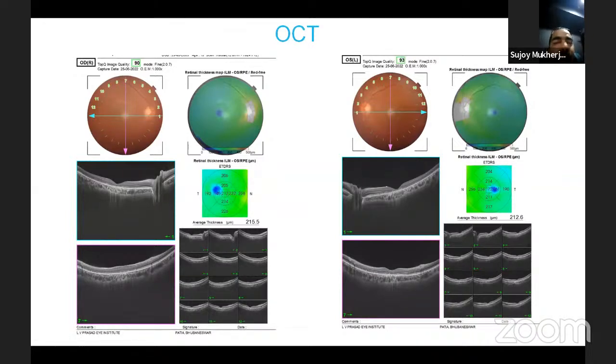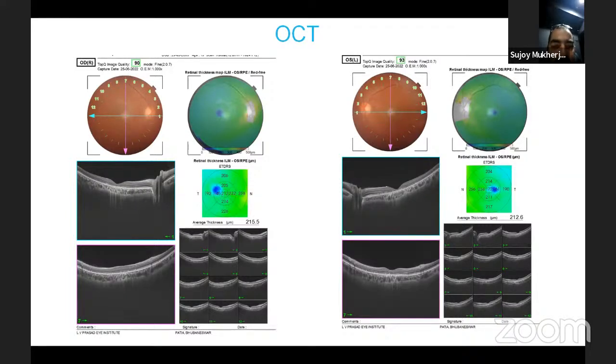But if we compare that thickness with our baseline age-matched normal data, this is a bit down. It should be around 200 to 240 micron in healthy individuals. Here it is 172, so we can say that the fovea is a bit atrophied, or the foveal contour is a bit depressed.